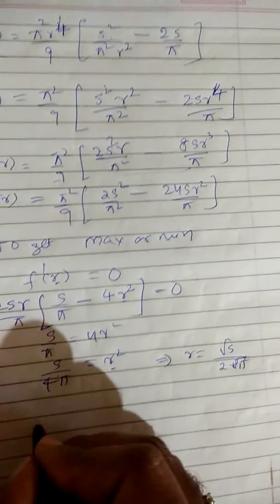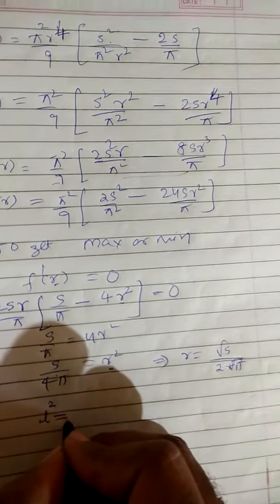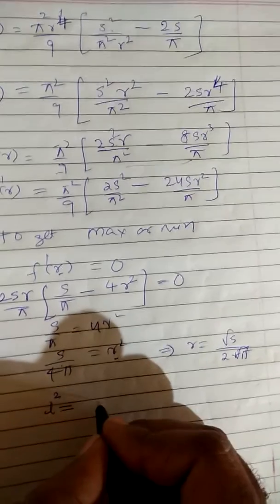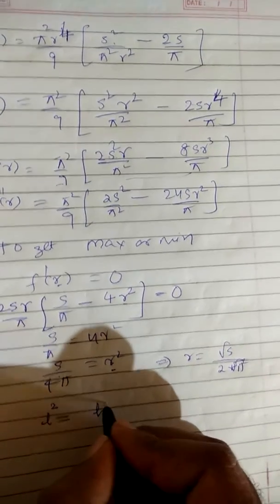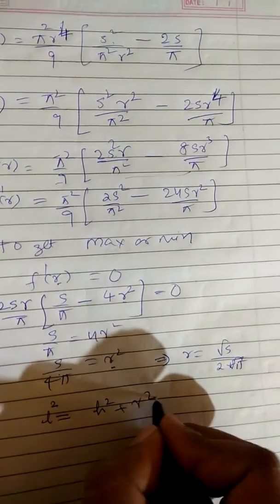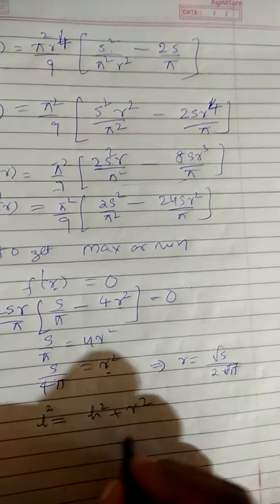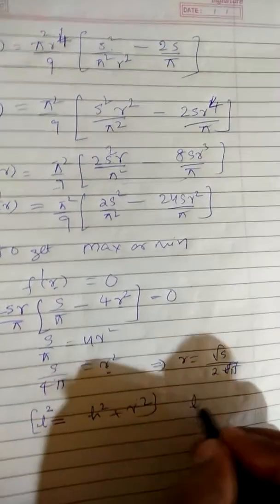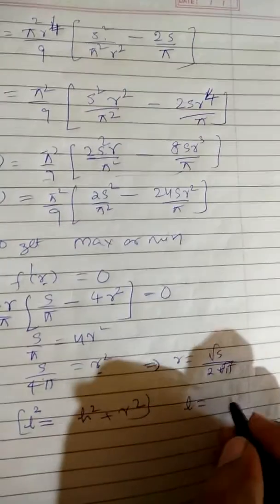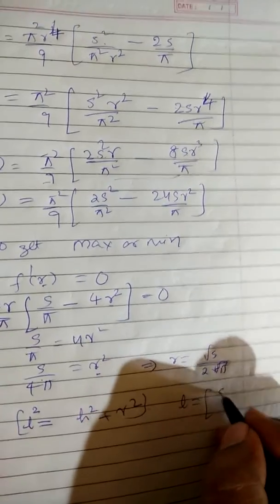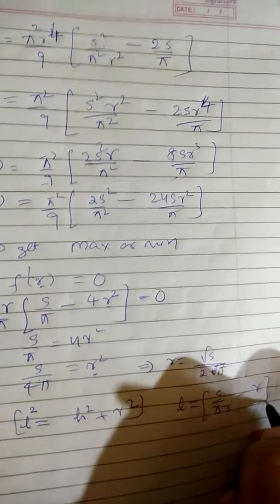Let us recall what L square is. L square is equal to h square plus r square, but again we have the small l value taken as S upon pi r minus small r.